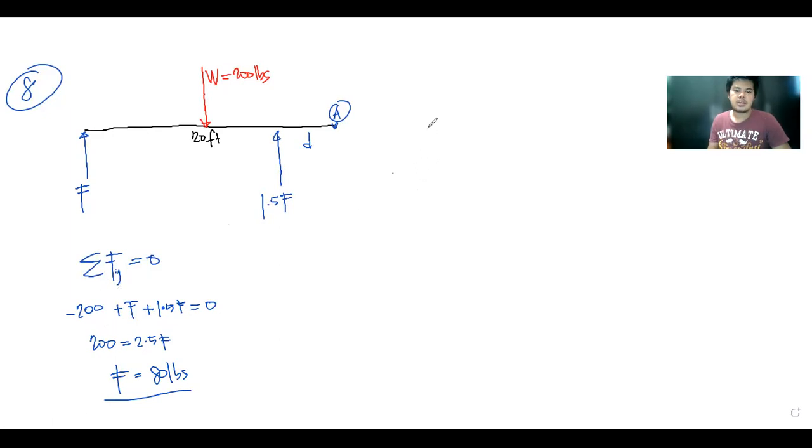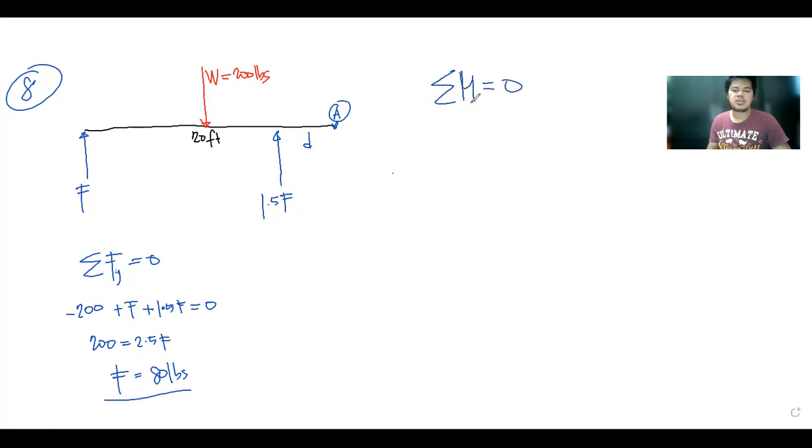And then the second one: the problem is asking for the distance d, not the magnitude of the force exerted by the first man or the second man. So to calculate d, we make use of the second condition, that is, the summation of moment in a system is 0.